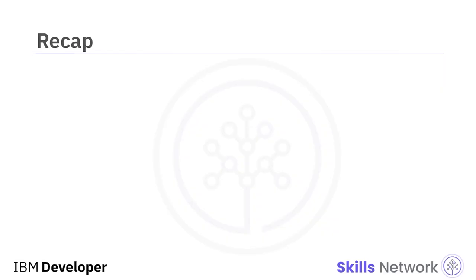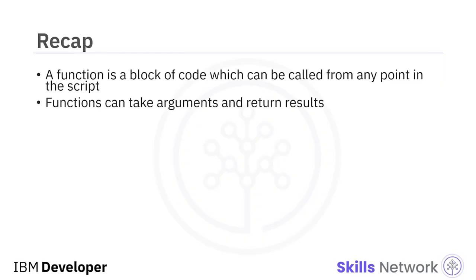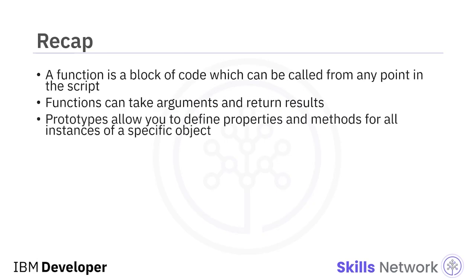In this video, you learned a function is a block of code which can be called from any point in a script after being declared. Functions can take arguments passed as parameters and can return results. By using prototypes, you can easily define properties and methods for all instances of a specific object.